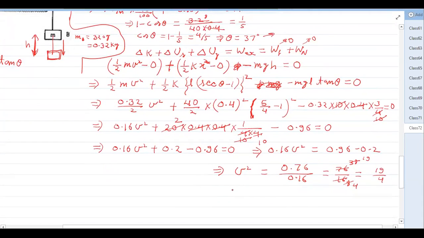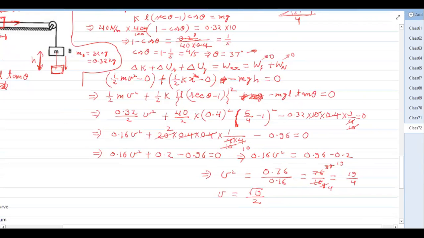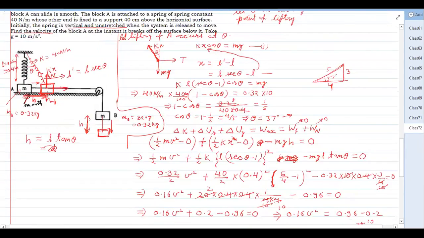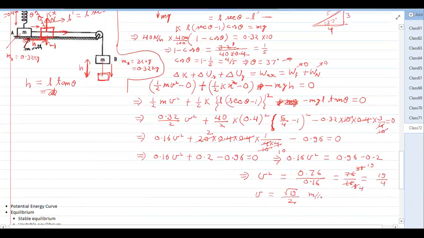So v will be under root 19 by 2. The value of g was 10. So this will be the velocity, this much meter per second.